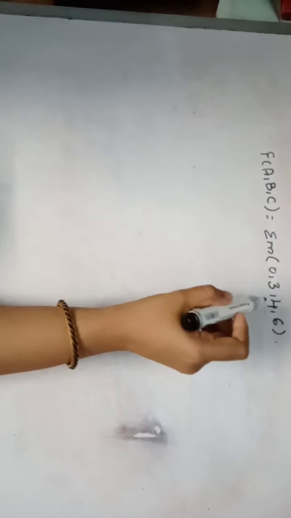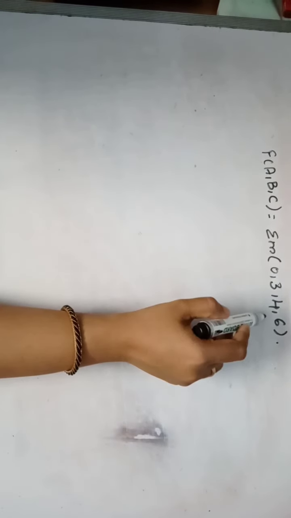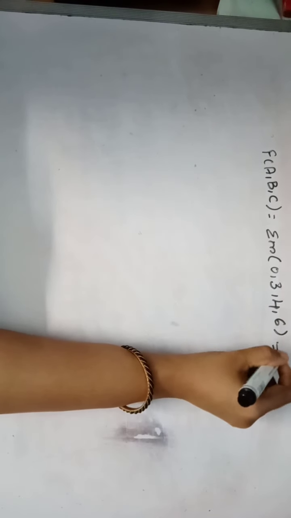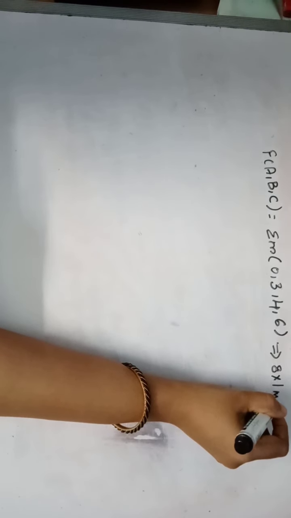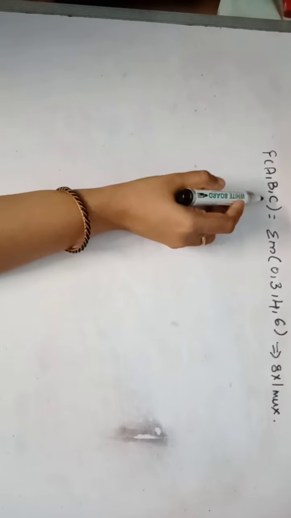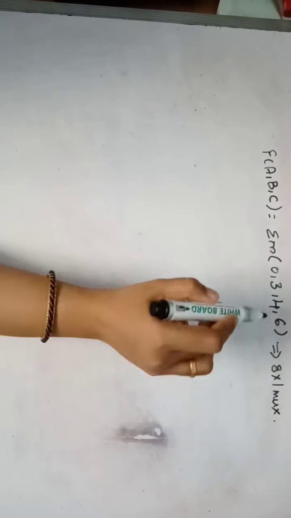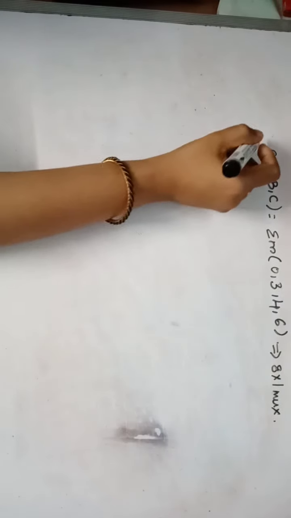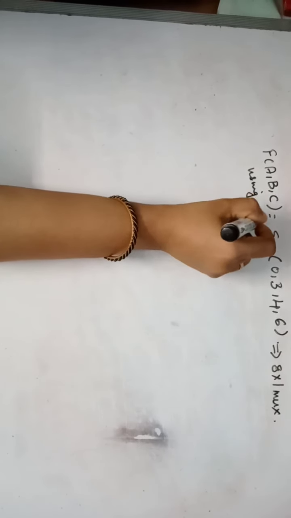So if you see this, the largest number is 6. So this can be implemented using a mux. Which mux do you require? You require an 8 by 1 mux. Okay. Since you have 3 select lines, you need an 8 by 1 mux. But the question is, implement this using a 4 by 1 mux.